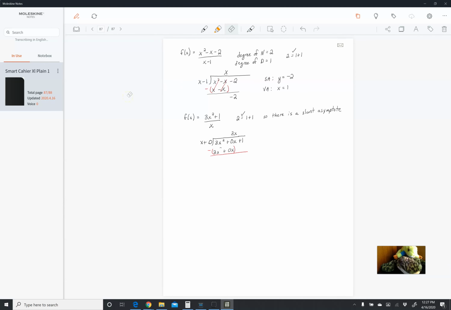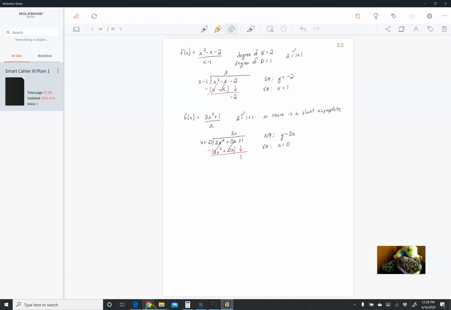And once again, both of these things cancel. Okay. And what you're left with is just a 1, but that's irrelevant because that's the remainder, so we don't care about that. So here, the slant asymptote is at y equals 3x. It's just the quotient, and the vertical asymptote is at x equals 0.